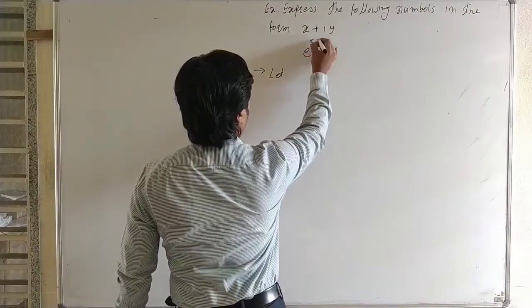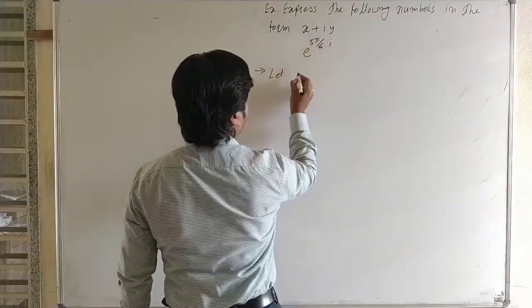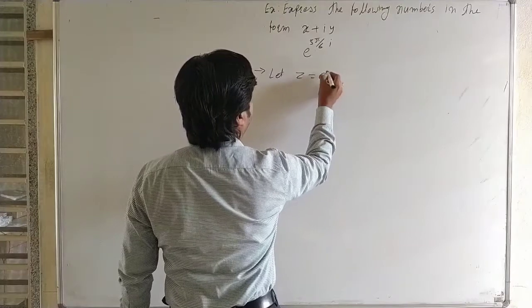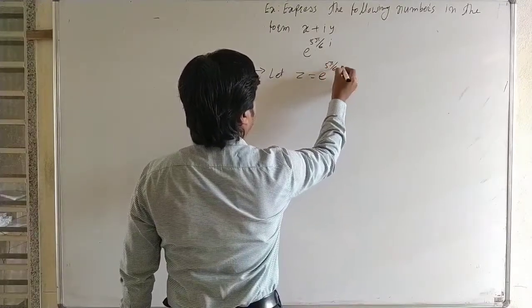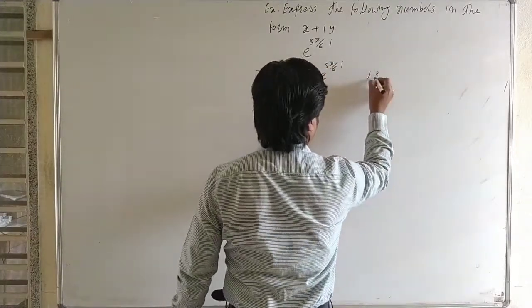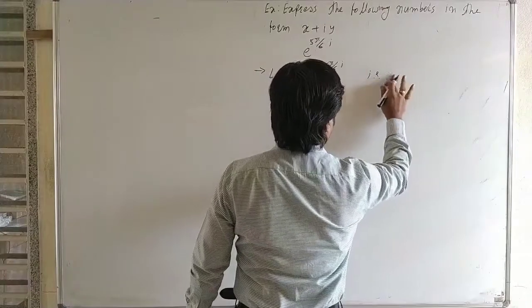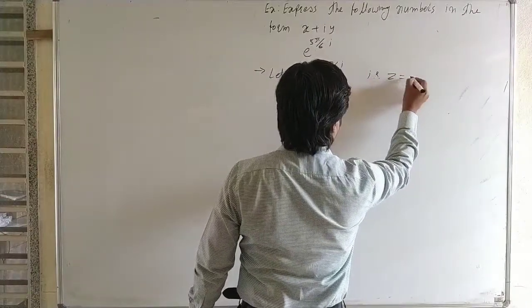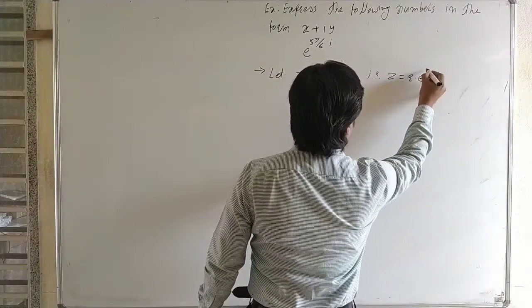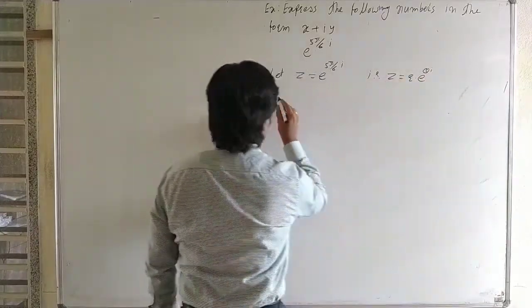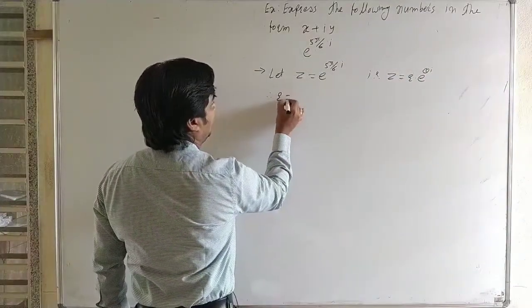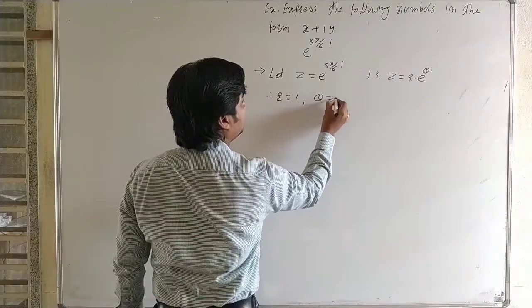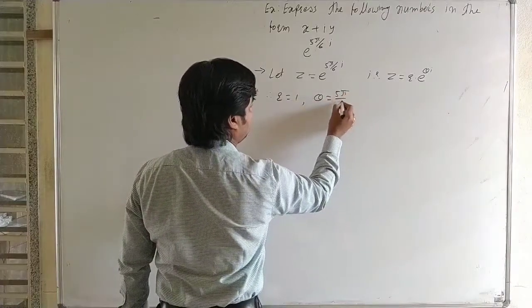e to the power 5 pi by 6 i. Again z is equal to e to the power 5 pi by 6 i. That is, z is equal to r into e to the power theta i. R is equal to 1 and theta is equal to 5 pi by 6.